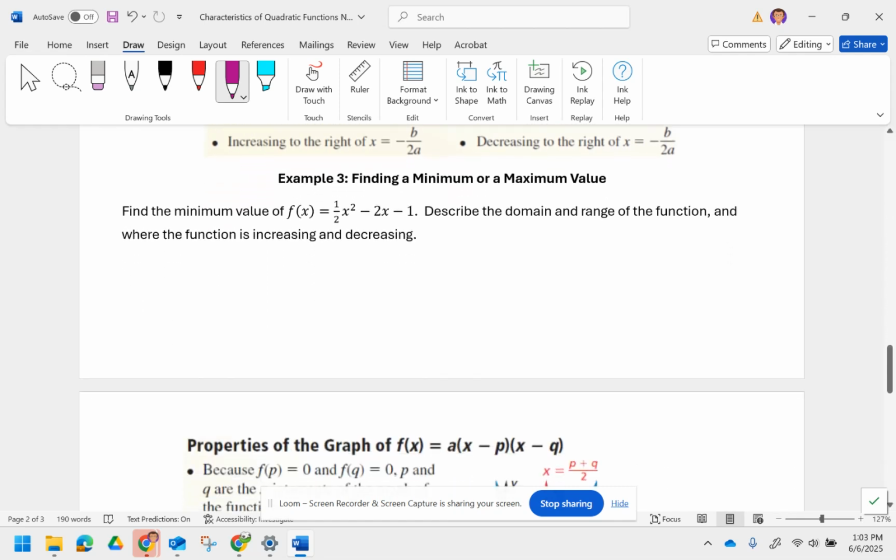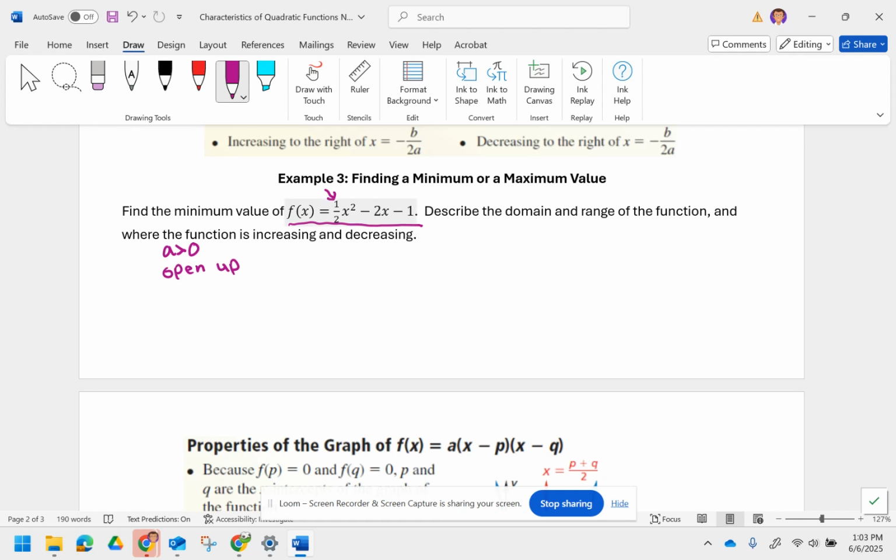So let's find the minimum or maximum value. Just taking a look at this equation, we're going to peek at A. So A is greater than 0. It's a positive number, meaning this will open upwards.